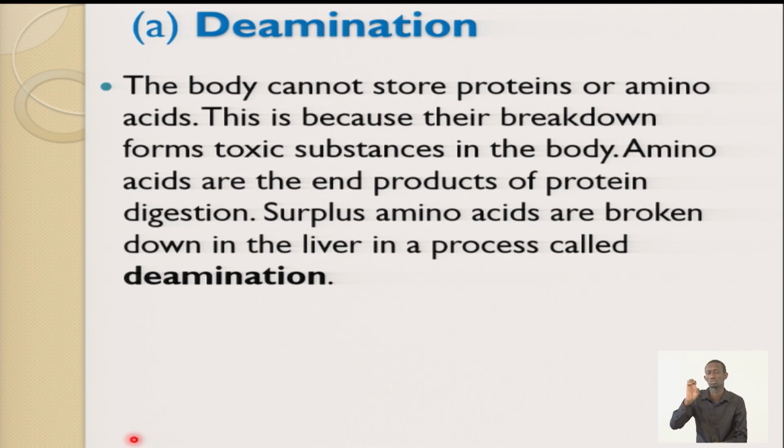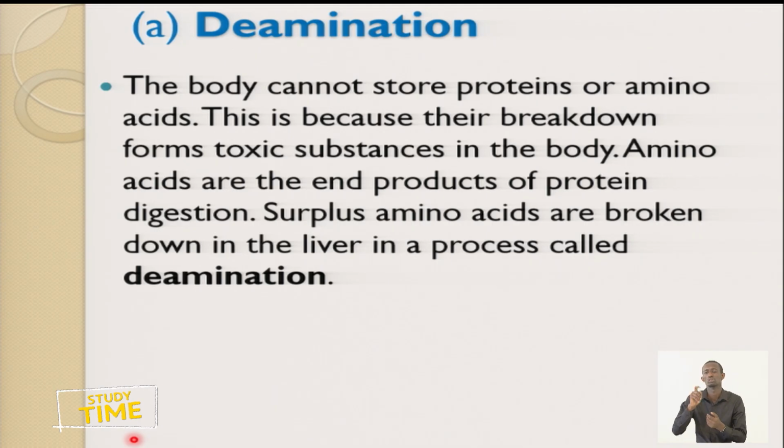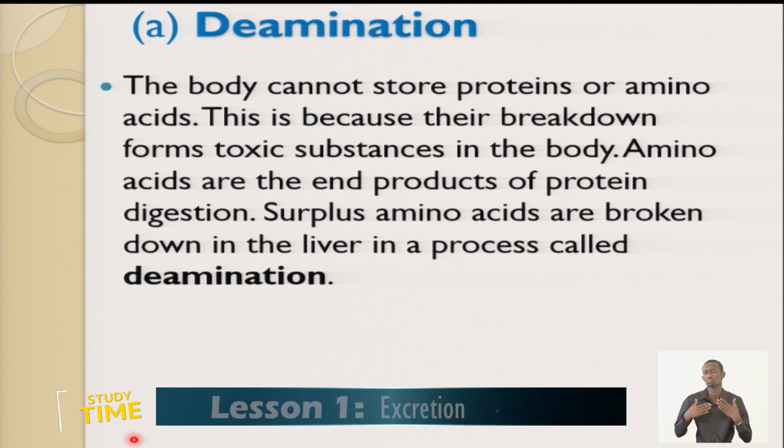These excessive amino acids are broken down by the liver, converted into urea and glycogen, and the liver stores the glycogen, which can be used when the body lacks glucose. When the body lacks glucose, it will be able to use the converted excessive proteins or amino acids to generate energy.